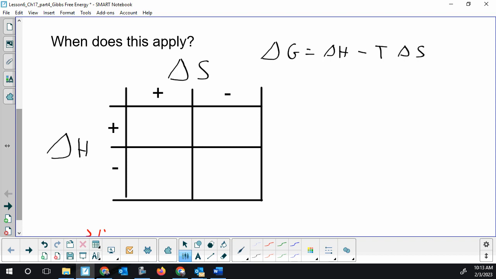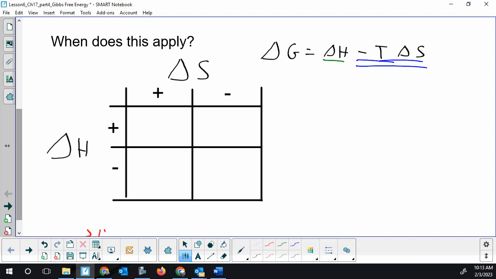I'm not going to put in any states because everything is for the system. I'll color code things a little more today. The green that I put in the boxes will be for the enthalpy term. The blue will be the minus T delta S term.